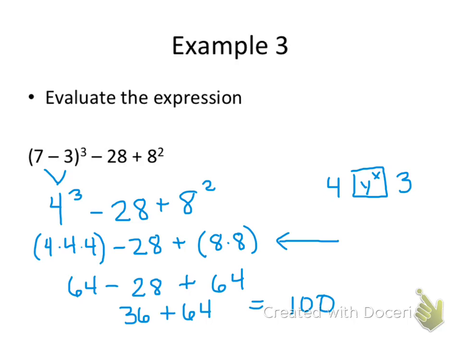If you're working on a different model calculator, you would put in the 4 and then hit the key that has the little pointed up arrow, which will do a superscript or the exponent, and then putting in the 3. So you'll have to check with your technology on your calculator to see which one of those will help you as a time saver, especially when our exponents get really, really large. We don't want to miscount the factors, so sometimes using that function on the calculator will help us as a time saver.